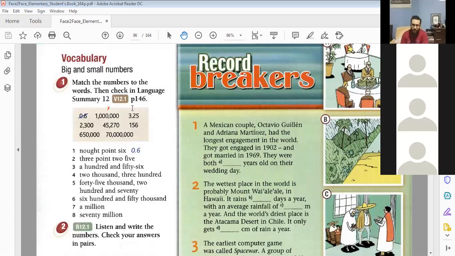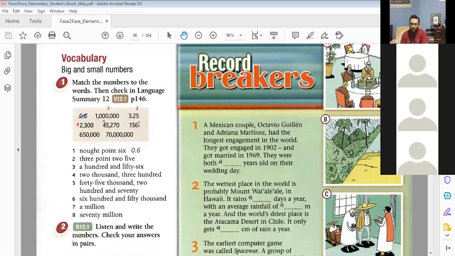What about this? 3.25. Number 2. Good. What about this? 2,300. Good. So this is number 4. What about this one? Number 5. 45,200. Yes, that's correct.